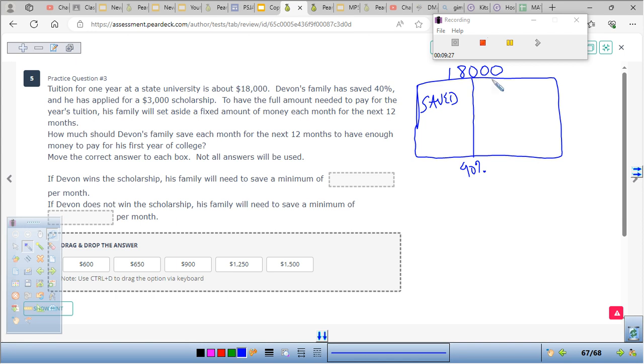I know how much $3,000 is, so I'll say 3,000 right here. You can say this is all kind of paid for. So the amount needed to pay for the tuition, which will be provided by a fixed amount each month for the next 12 months, is the part that's left over. This part is already saved and paid for. The scholarship, they're going to break this one up into 12 pieces.